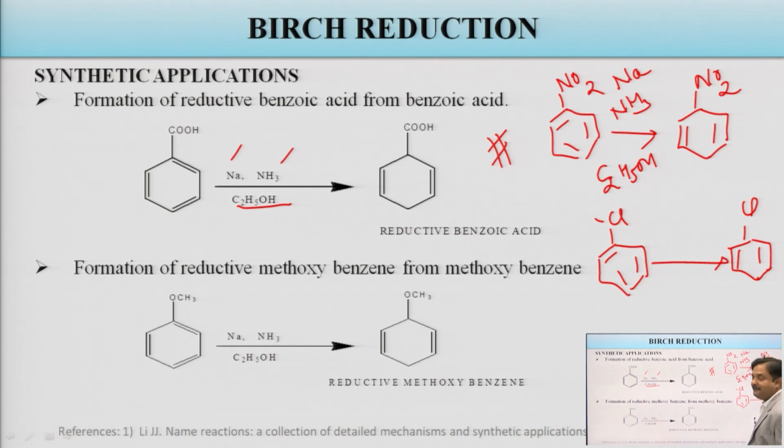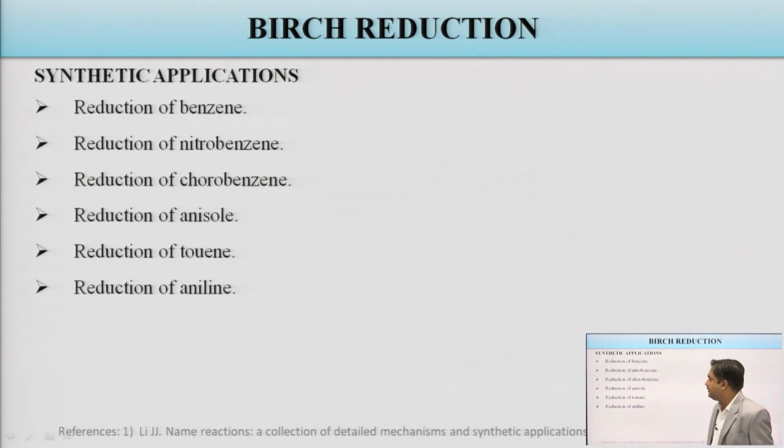The same way we can also name this particular molecule 3-nitro-cyclo-1,4-hexadiene. So, this is the important application, and you can make a note from here: reduction of benzene, in which we get 1,4-cyclohexadiene as a product, one of the double bonds getting reduced, then reduction of nitrobenzene as I told you, then reduction of chlorobenzene.